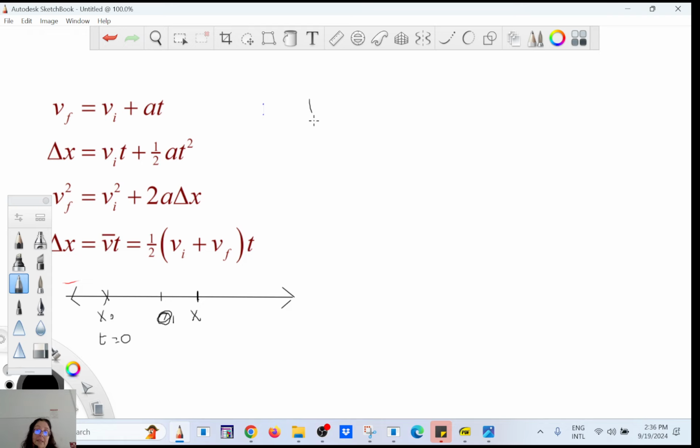Horizontal motion. And then for free fall, you could drop something, get mad at your professor, or toss something.